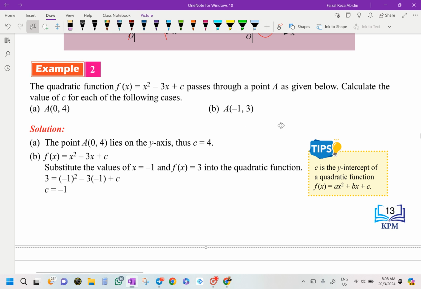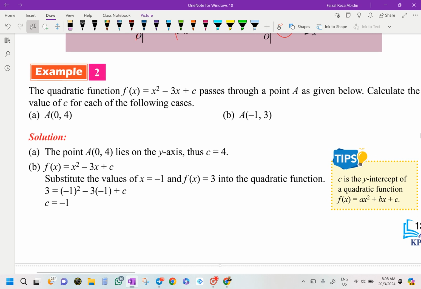So nak buat apa? You are going to substitute into our equation over here, our function over here, with the value of what? Fx, tadi saya bagi tahu apa? Nilai apa? Y. X lah. Okay, so if you look over here, tengok.